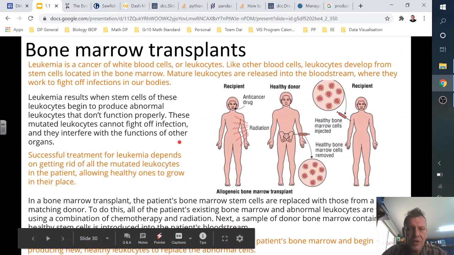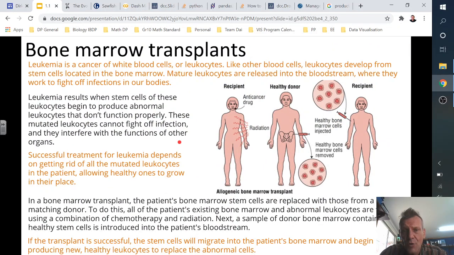One of the examples is bone marrow transplants, in the case of leukemia, you might have heard of that. That's sort of blood cancer, where your white blood cells, also known as leukocytes, don't function properly because the stem cells in leukemia patients have been mutated, altered.